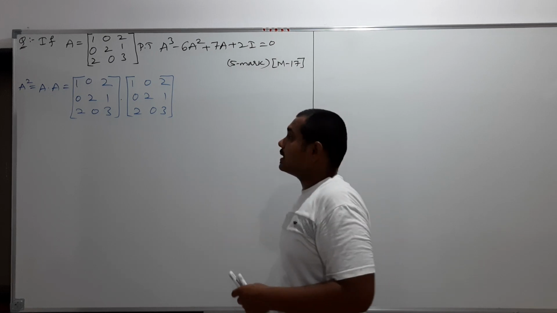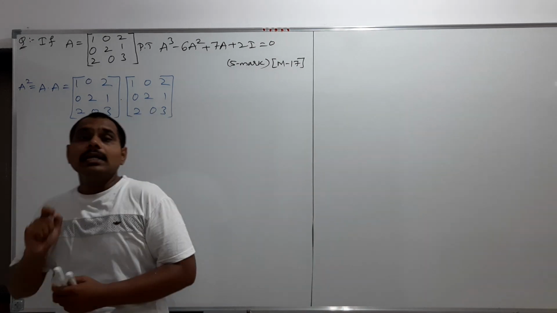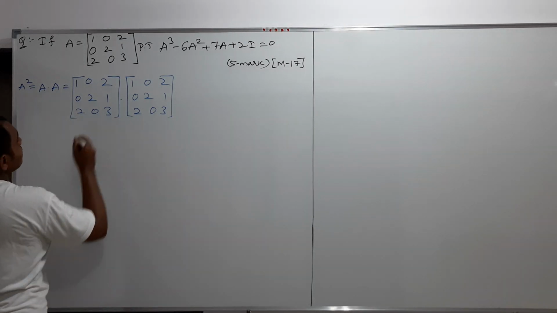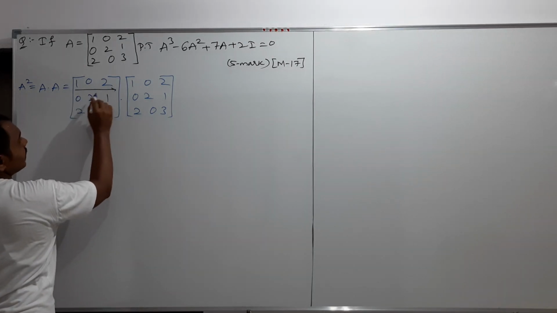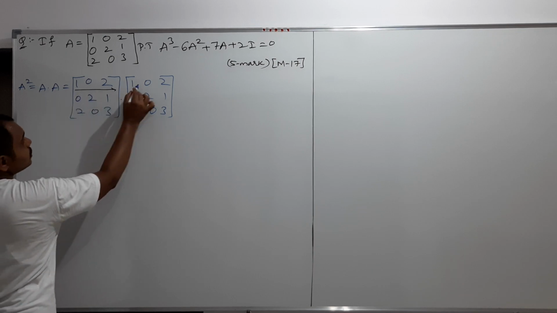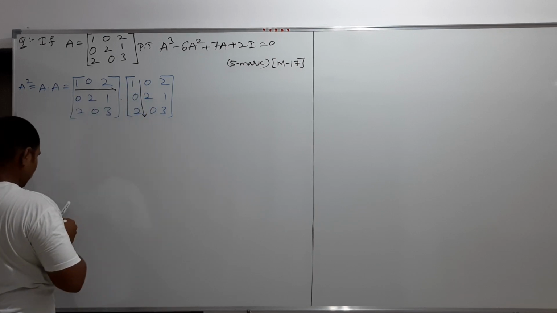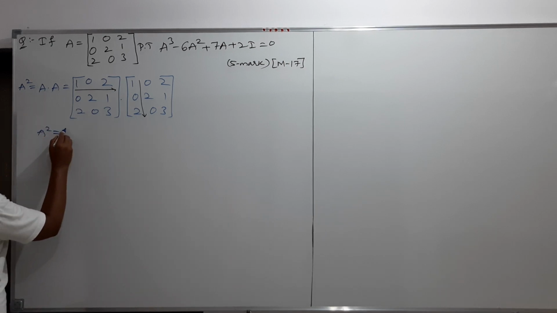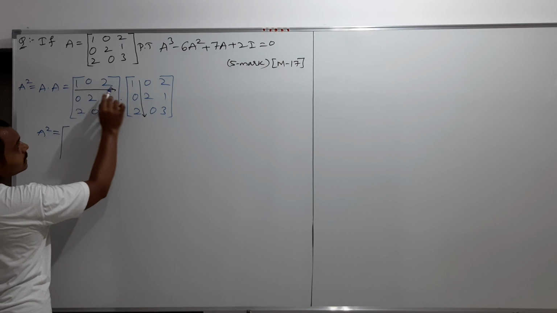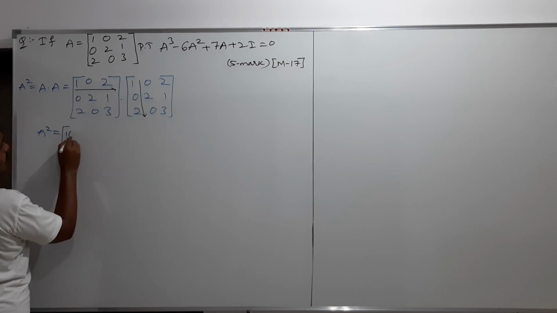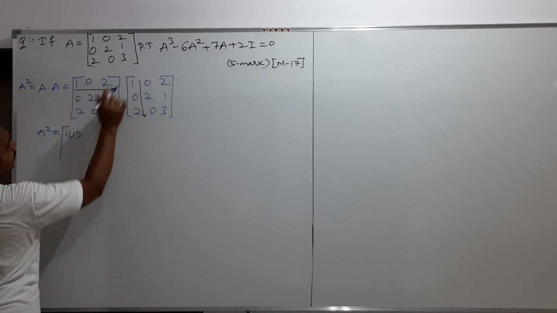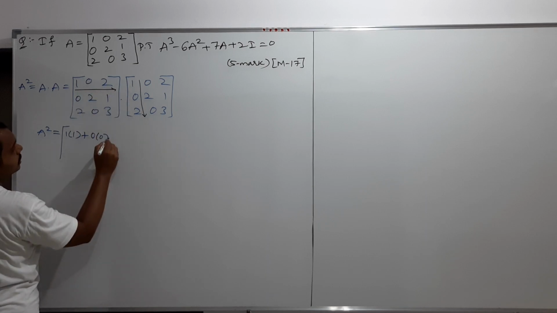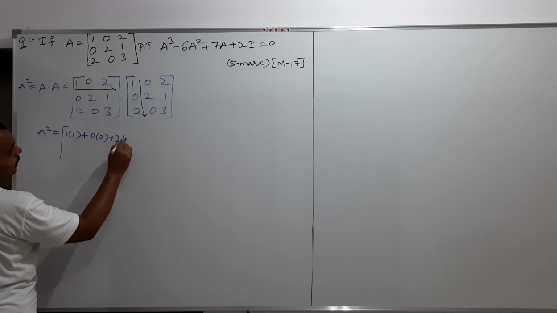Now we can multiply these two matrices, and the multiplication is done row by column. First row, first column: A square is equal to 1 into 1 plus 0 into 0 plus 2 into 2.